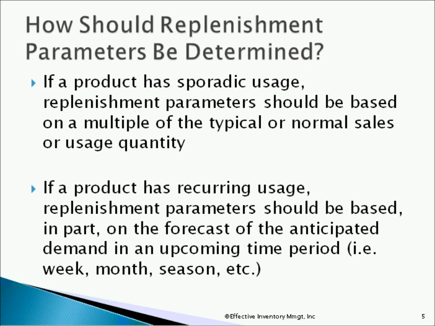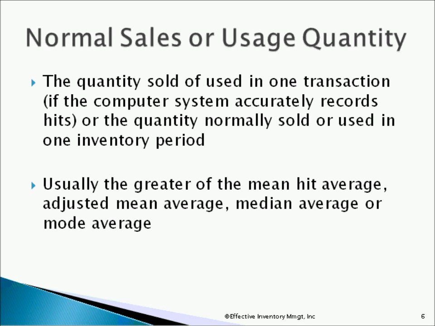We don't want to have a system try and forecast demand based on some average of past usage. For sporadic usage items, we're going to base our replenishment parameters on a multiple of the typical or normal sales quantity. That is, we don't sell it that often, but when we sell it or when we use it, how many does the customer ask for, or how many do we need?